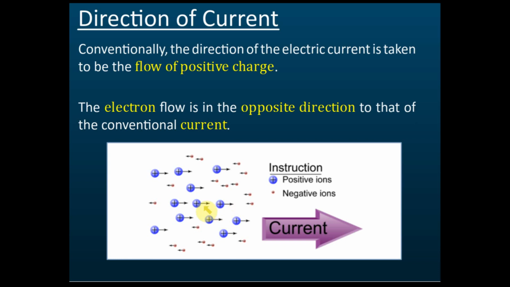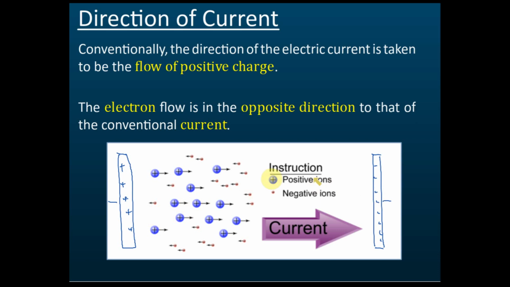The positive charge moves to the right most probably because there is a negative plate there, and a positive plate here. So the negative charge will move to the positive plate, and the positive charge will move to the negative plate. If this is the case, then we say the current moves from left to right.